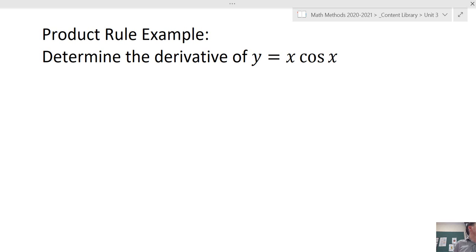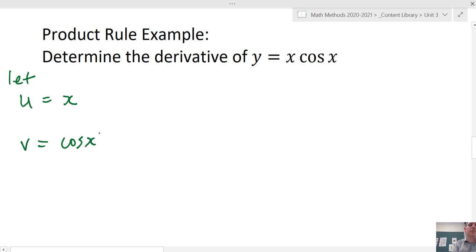First rule. What was the first rule? Let u and v equal something. What's the u? What's the v? Find the derivatives. Negative sine x.